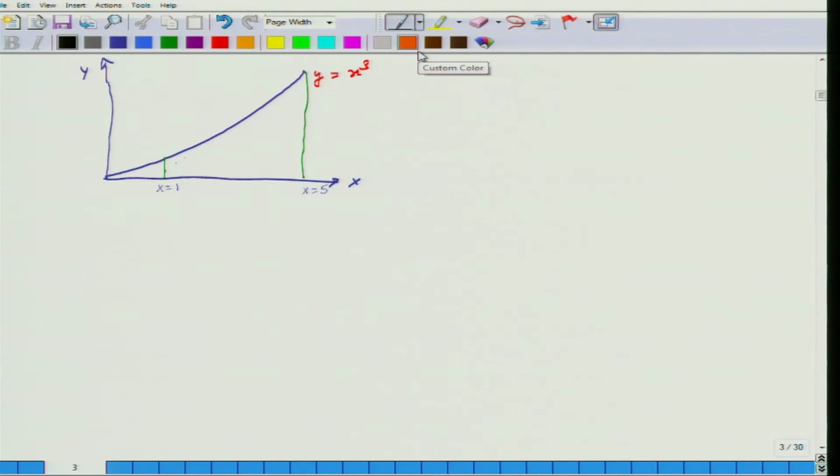Now, one way to find this area is, because I know this function very nicely, I can integrate this equation, because the integral of this function represents the area under this curve. So area equals the integral of y times dx, in the limits 1 to 5.